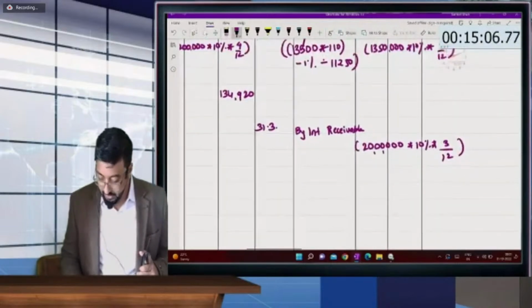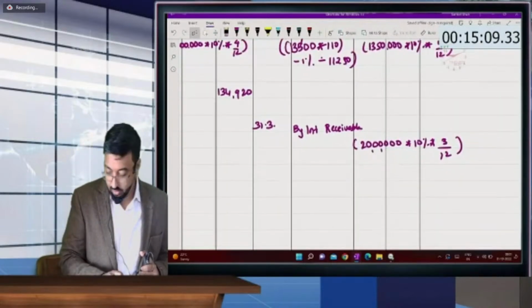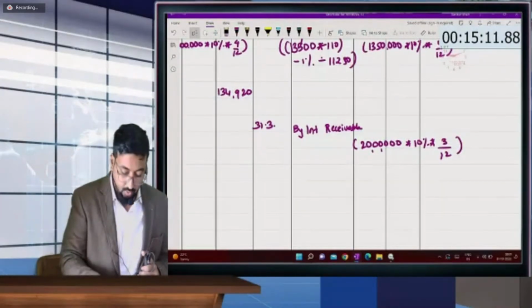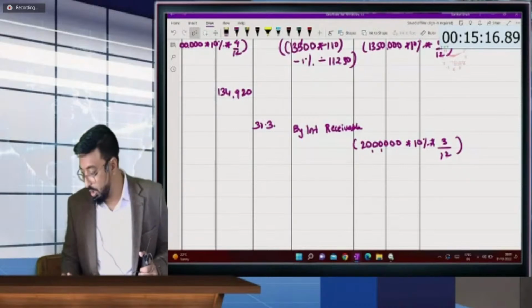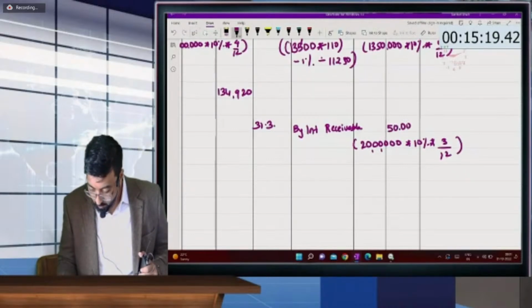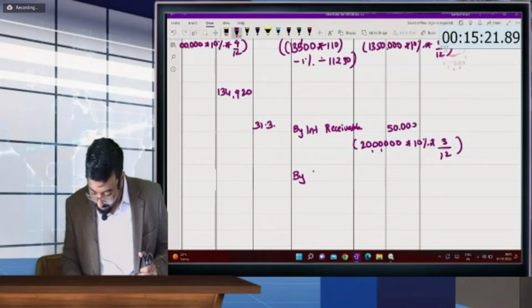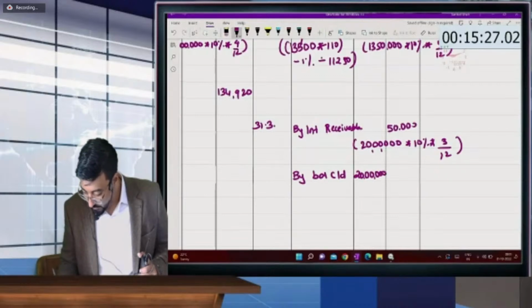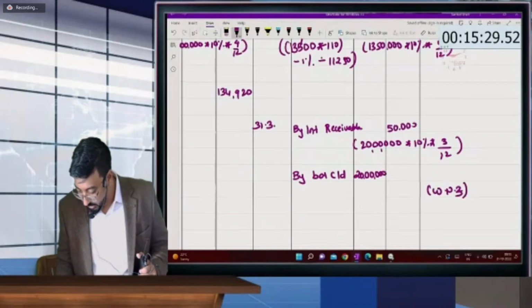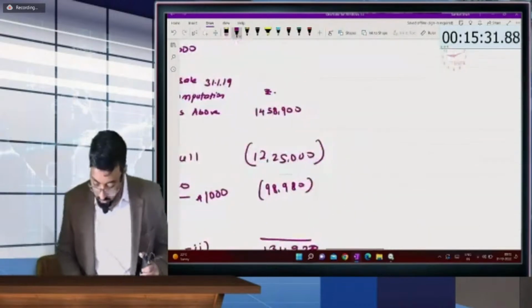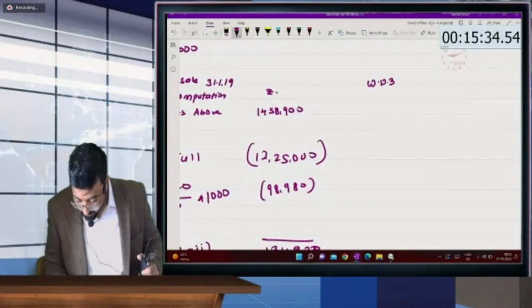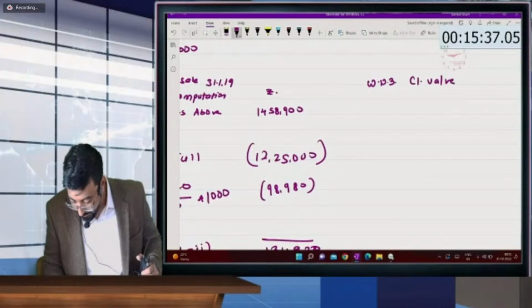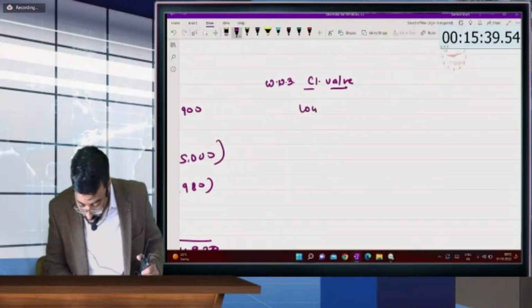And now by interest receivable, 20 lakhs into 10% by 12, 50,000. And by balance carried down, 20 lakhs. Working note 3, closing value, lower of cost and market value.